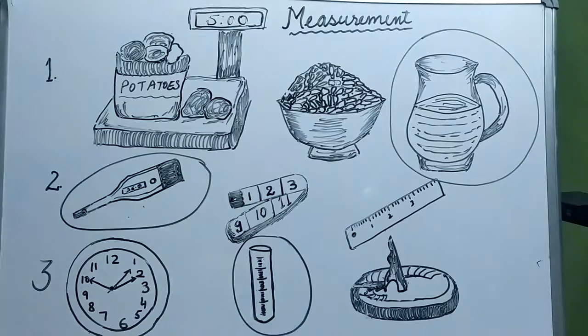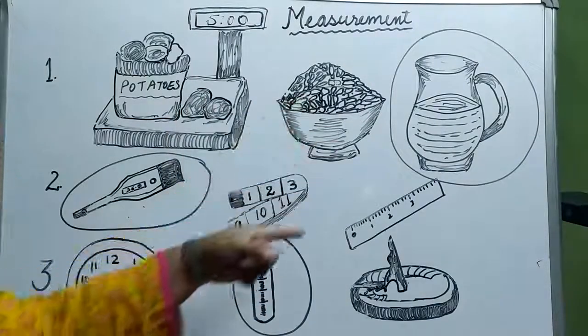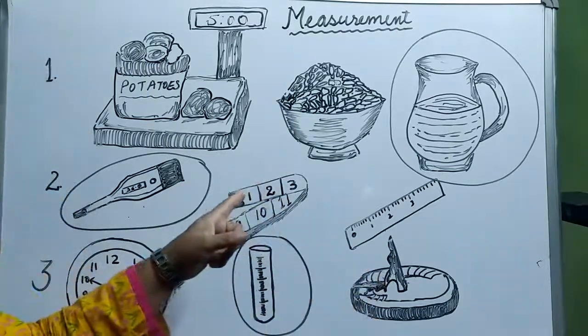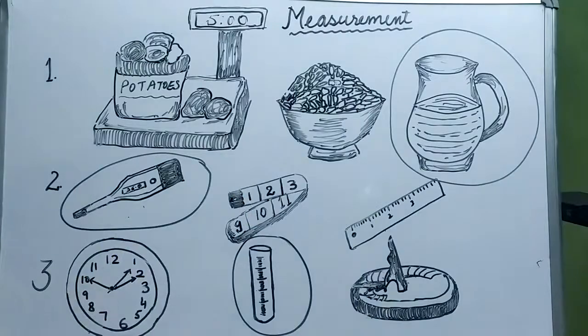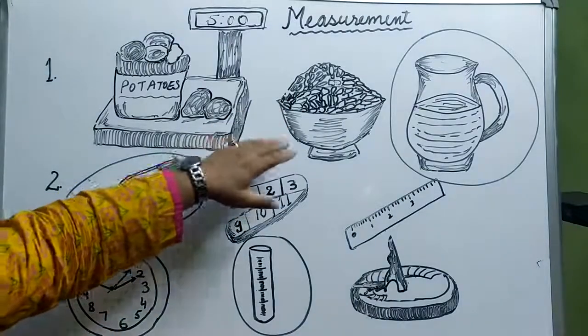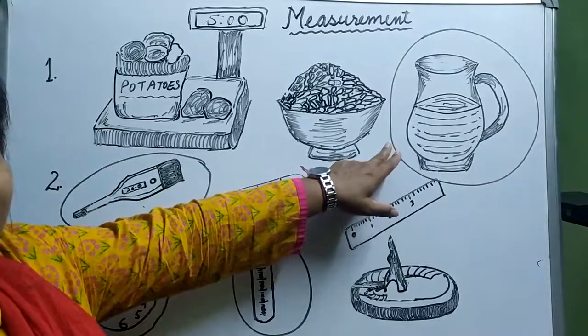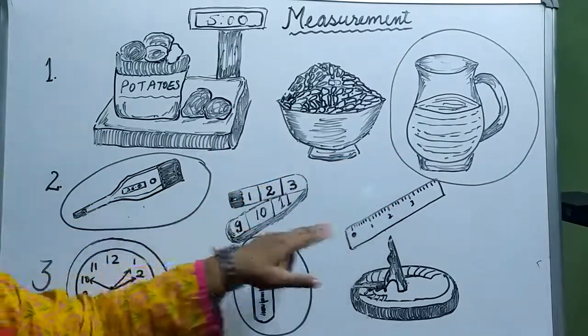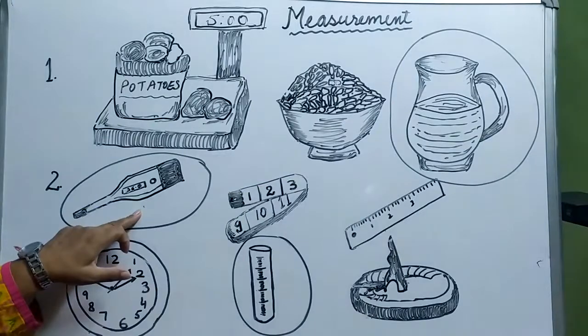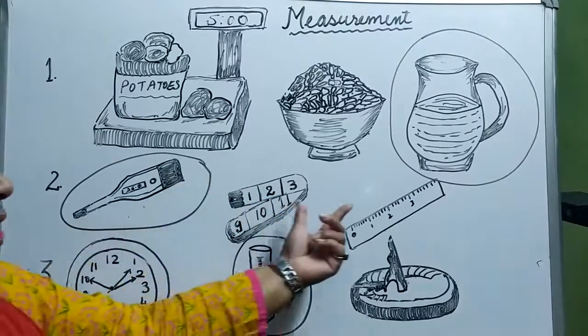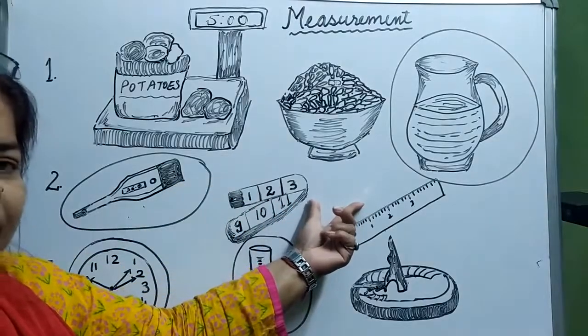So this is how we find out that though all the things are measuring something or the other, here we are talking about different substances. In the first one, the liquid in the jug is the odd one out. In the second row, the digital thermometer is used to measure temperature, so it is the odd one out because these two are used to measure lengths.